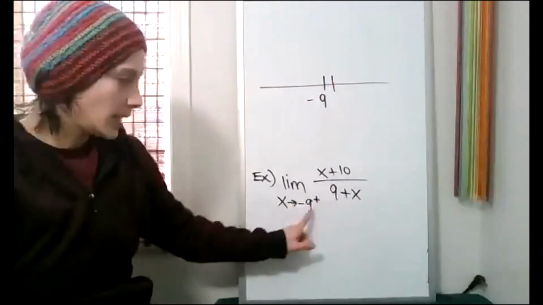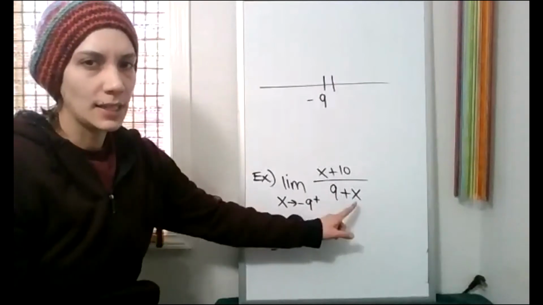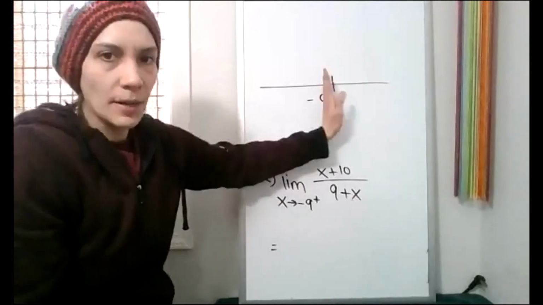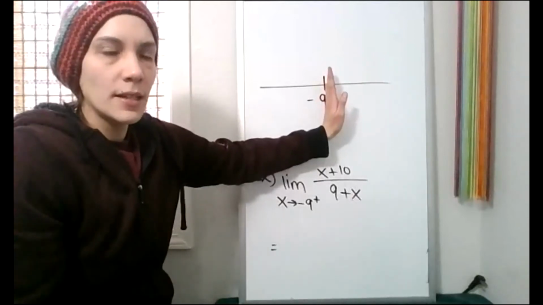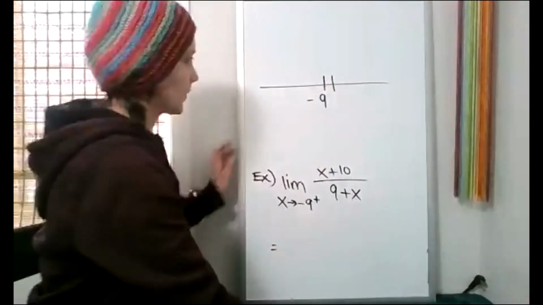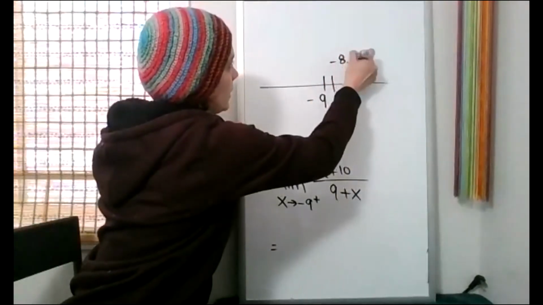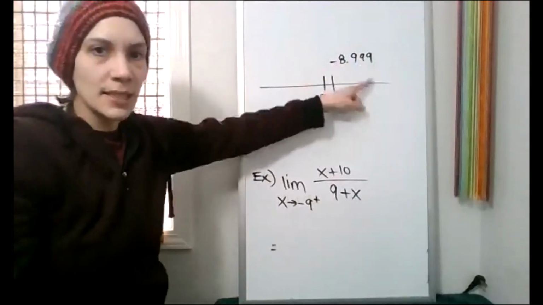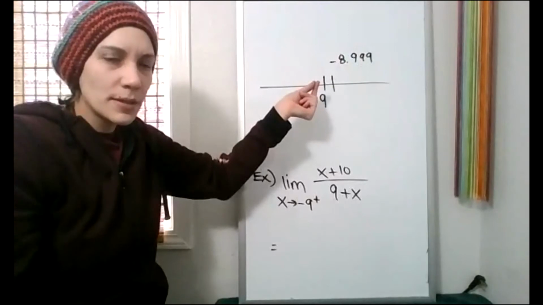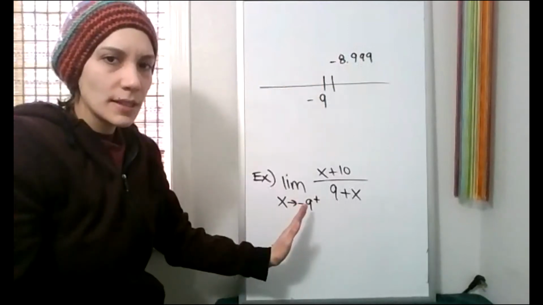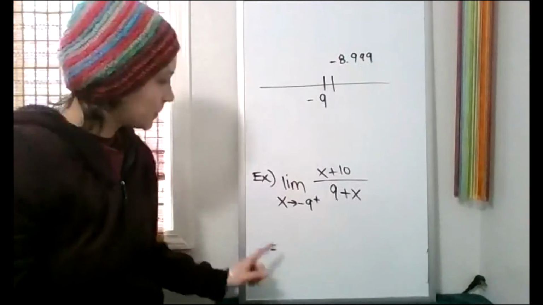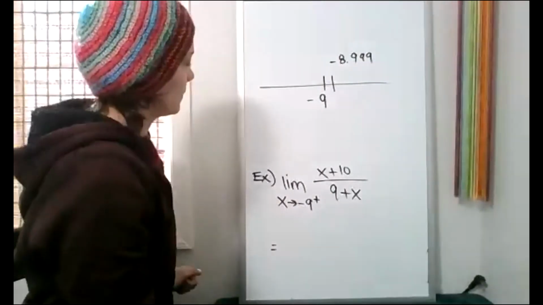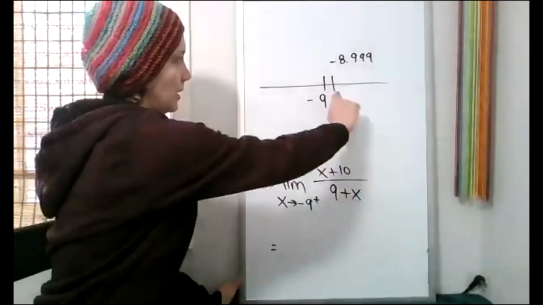So it's 9 minus 9 here. But these values are not all the way up to negative 9. So this would be 9 and minus this much would leave a little bit of positive value left over on the right side. So let me write this up here.